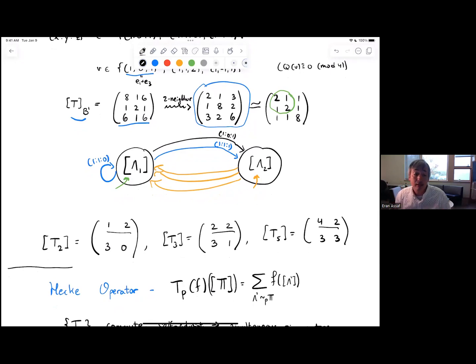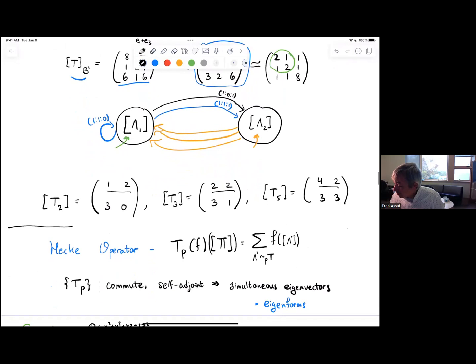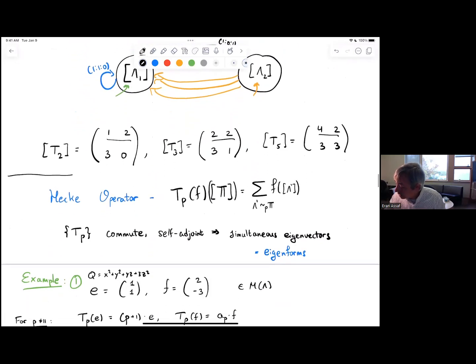And since these operators commute and are self-adjoint, it tells us that there is a simultaneous basis of eigenvectors, and these are eigenforms. And in the example above, we can see that other than the obvious eigenform 1, 1, we have 2, minus 3 as an eigenform, because, for example, 1, 2, 3, 0 times 2, minus 3 gives us minus 4, 6, with eigenvalue of minus 2.